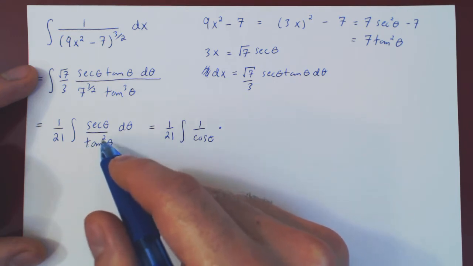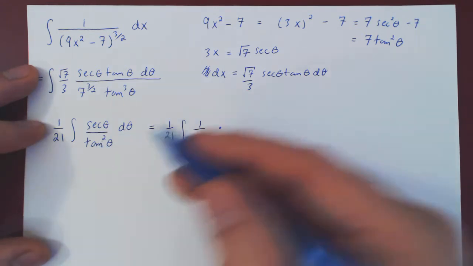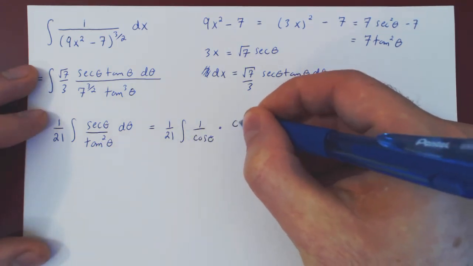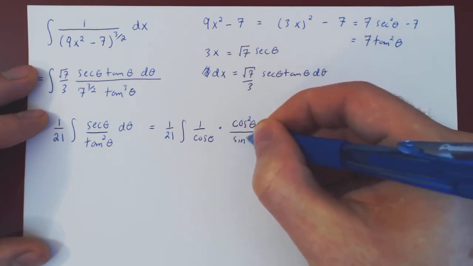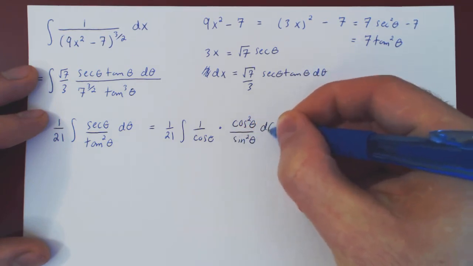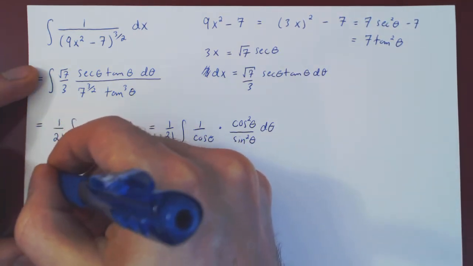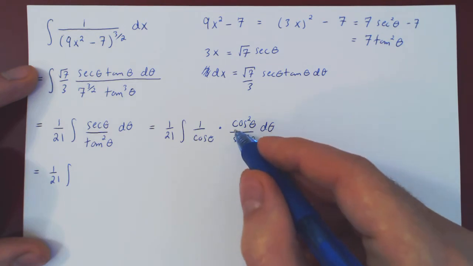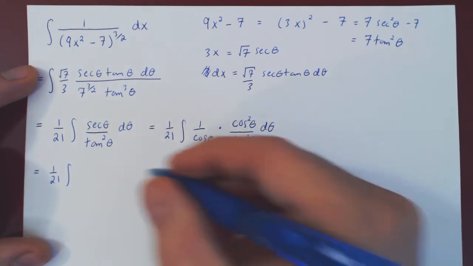So tangent squared is sine squared over cos squared. But if you divide by sine squared over cos squared, you multiply by the reciprocal, which is cos squared over sine squared. We can of course simplify. So cancelling a cosine will leave us with a cos of theta over a sine squared of theta.